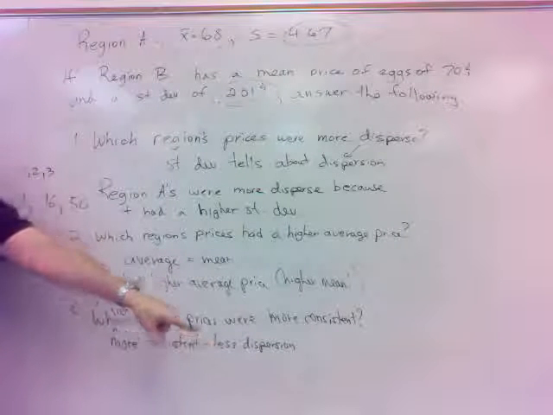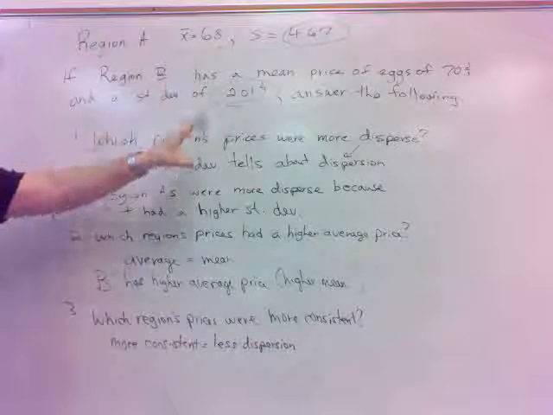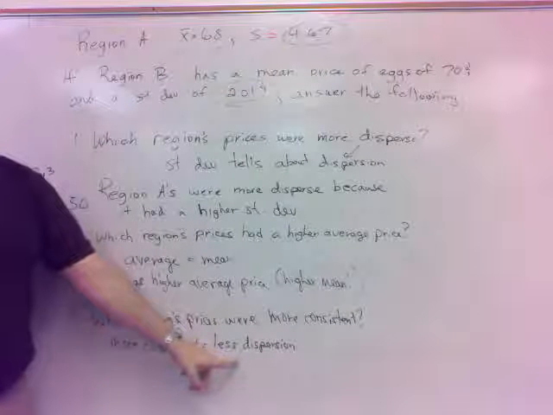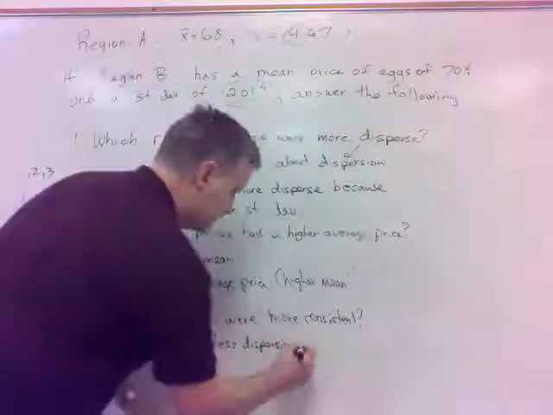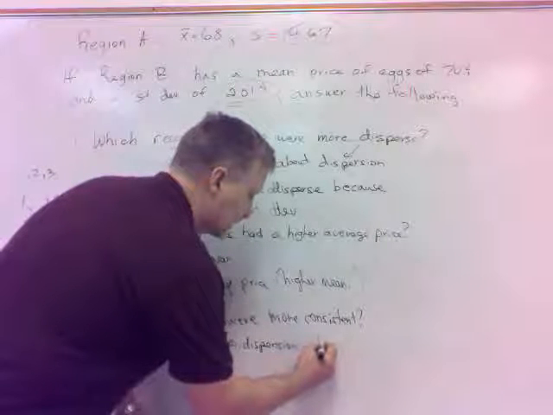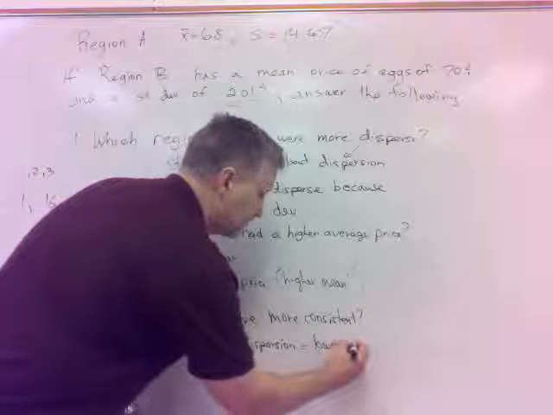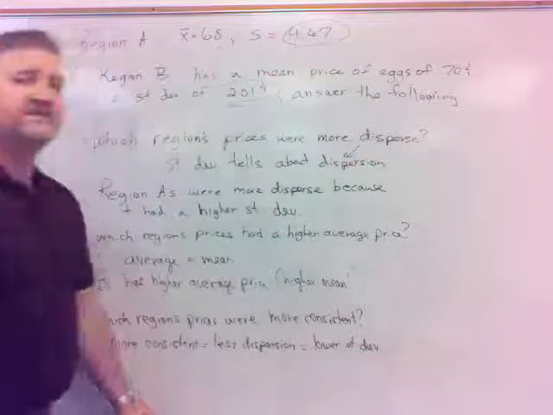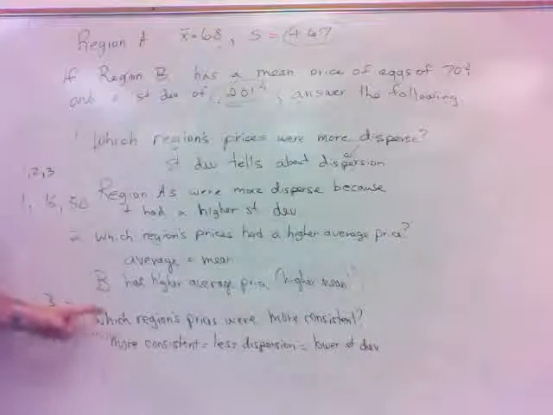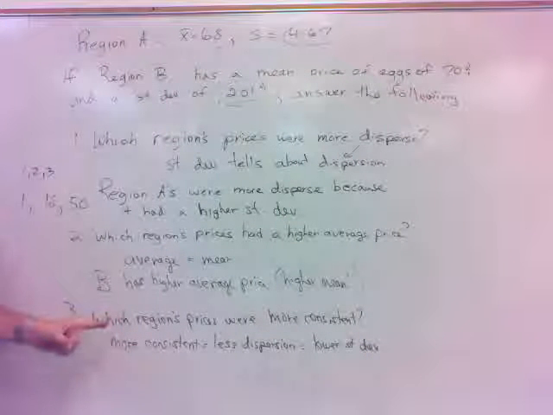Well, what does that mean as far as our measurements are concerned? What tells us about dispersion? Standard deviation. So less dispersion equals lower standard deviation. So having said all that, which region's prices were more consistent? You tell me.